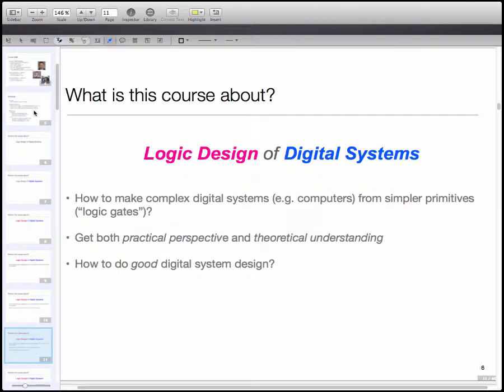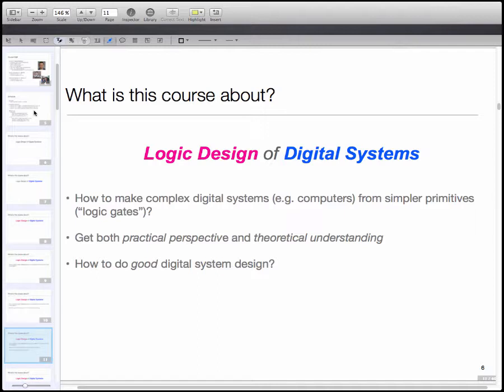Designing digital systems, much like engineering, I always think of it like art. As in when you engineer something, it's very important that it be elegant, it be nice, it should be something which is well designed. And the same thing is true for digital systems. We are going to look at how to do good digital system design.